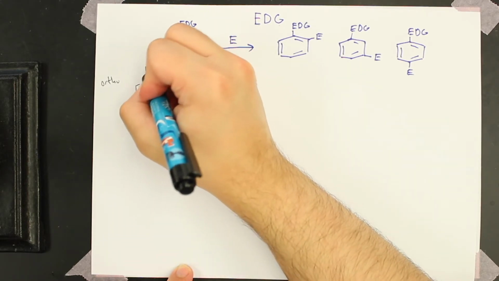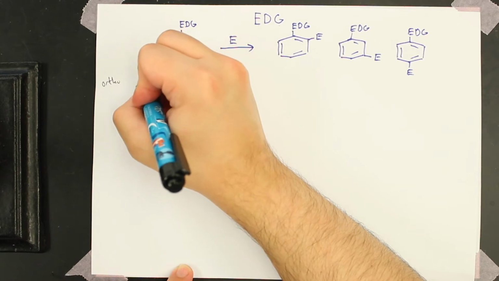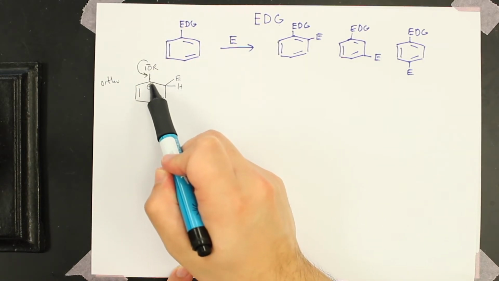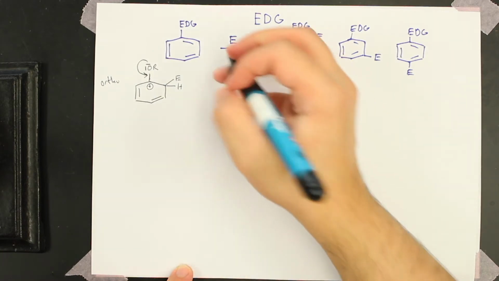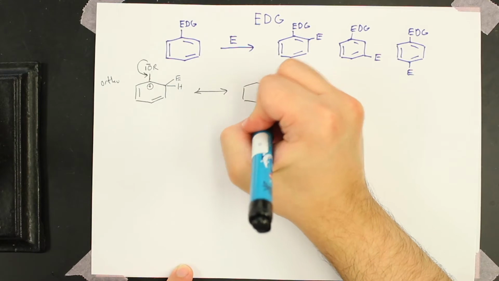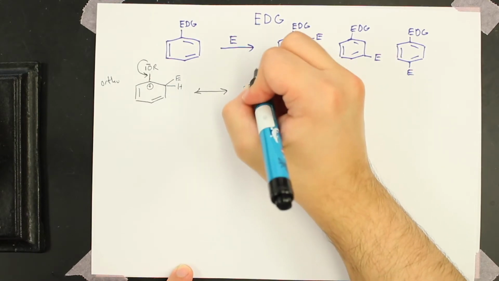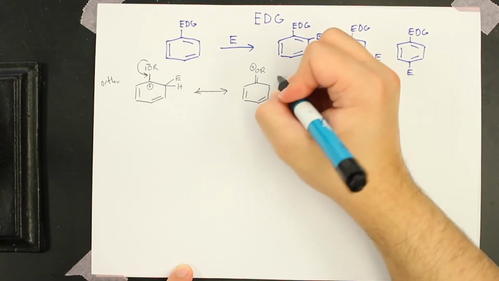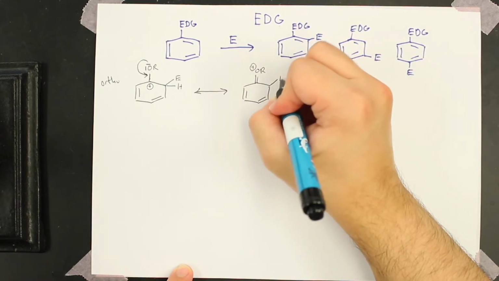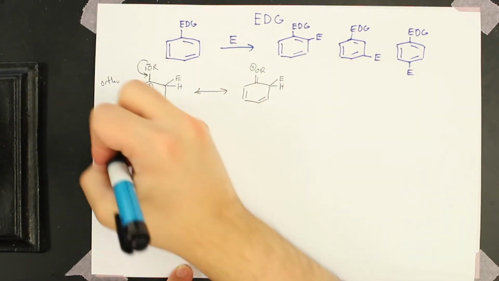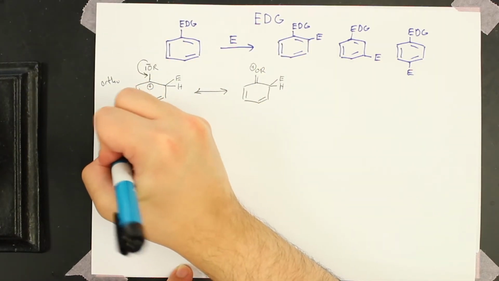This is very beneficial because the lone pairs on this oxygen can resonate down and actually stabilize this positive charge because it's right next to it. You can see in the resonance structure that now the positive charge is on oxygen. So it has withdrawn the positive charge out of the ring. It's delocalized it.